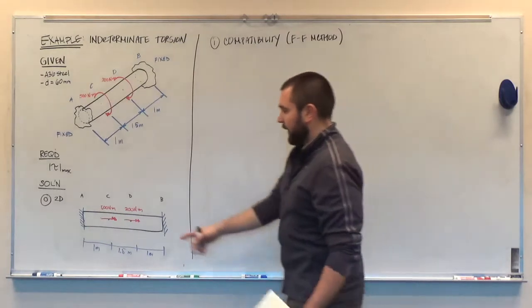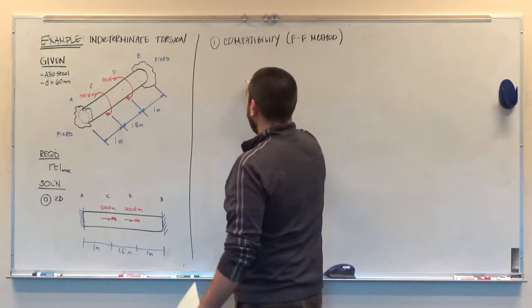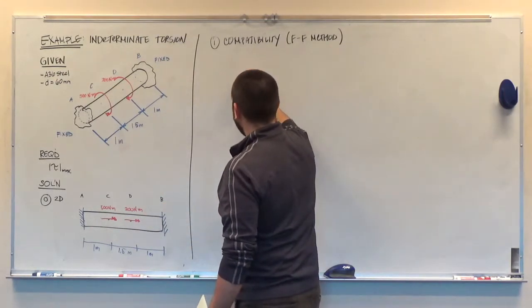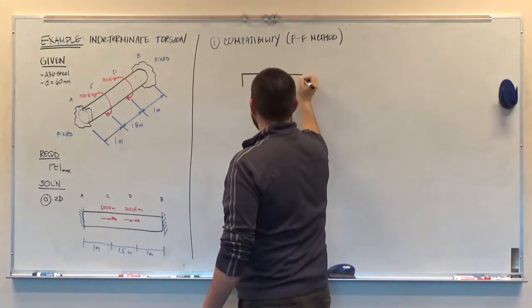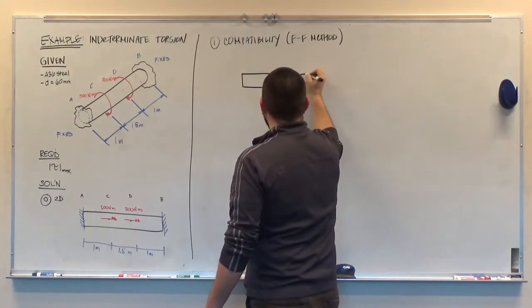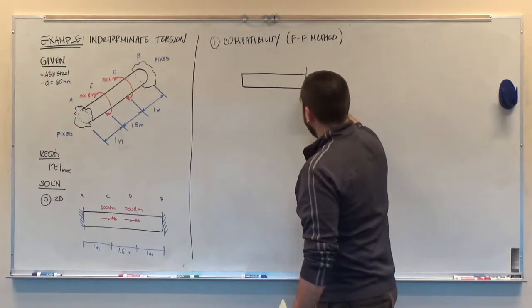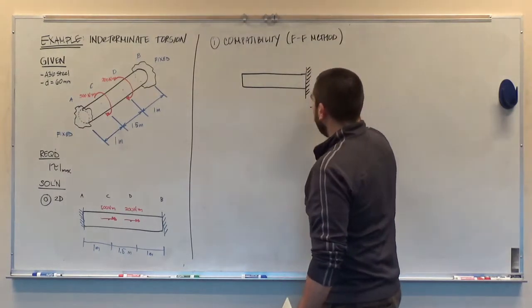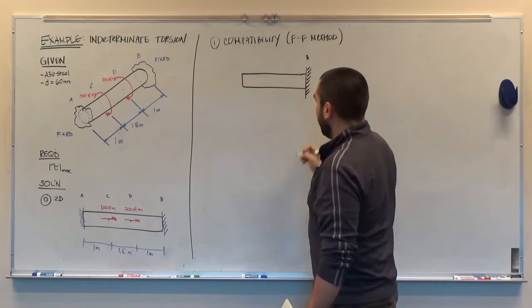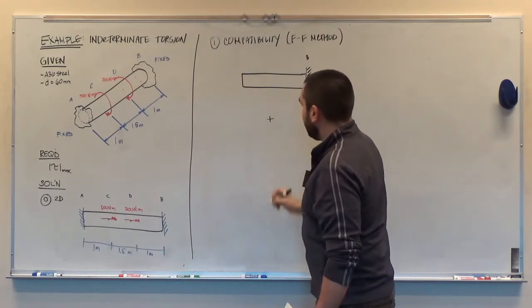So if I remove the support at A, I'm going to draw my new primary system with two different loadings on it. So we will have the shaft with a free end at A. The support at B will remain. And I'm going to draw that system twice.